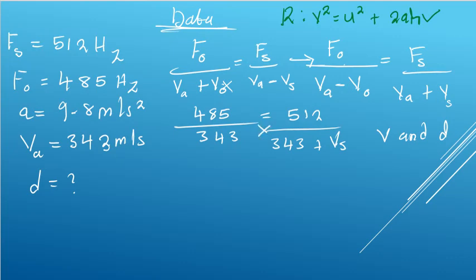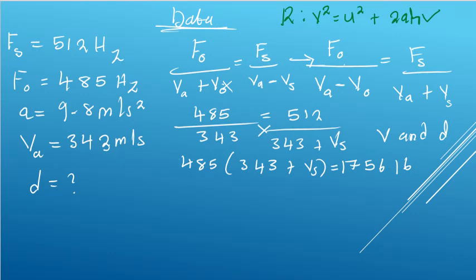Okay, so we cross multiply. We're going to have 485 multiplying 343 plus Vs, then everything equal to 512 multiplied by 343, and that is going to give us this particular figure, 175,616.